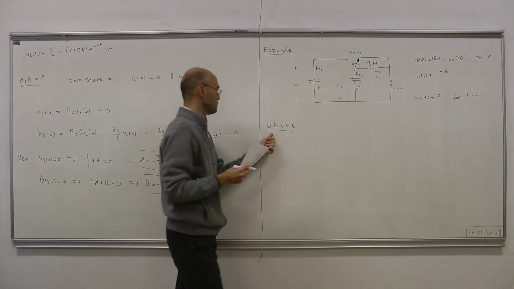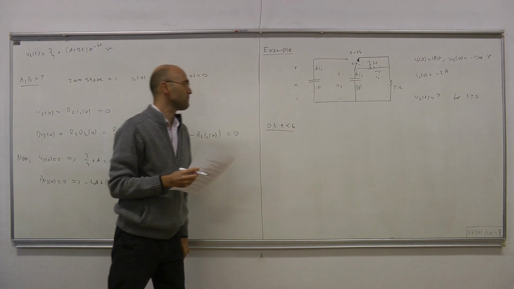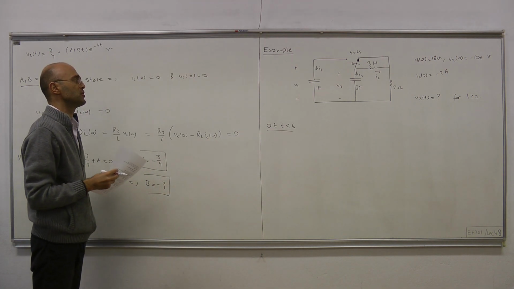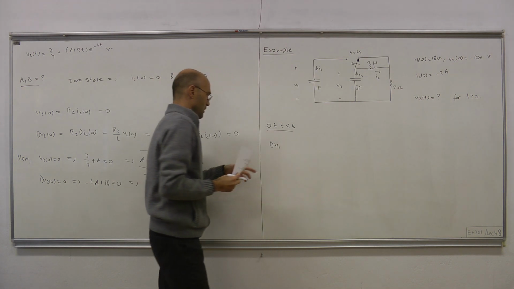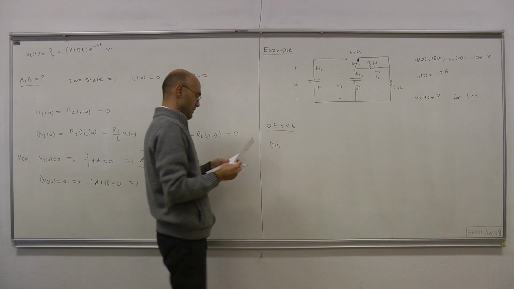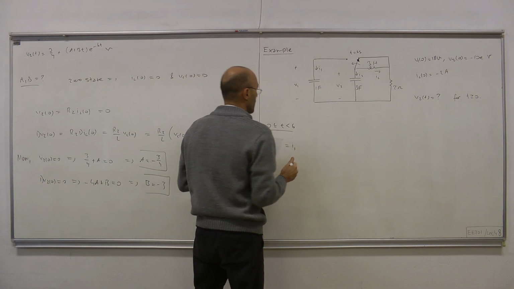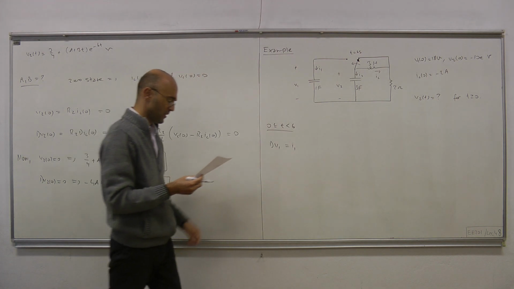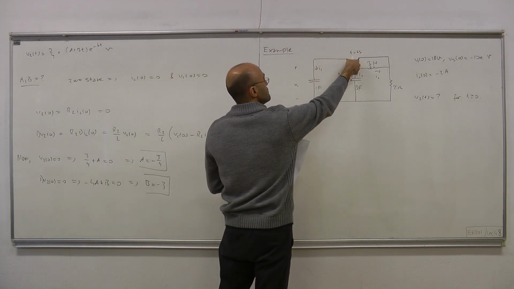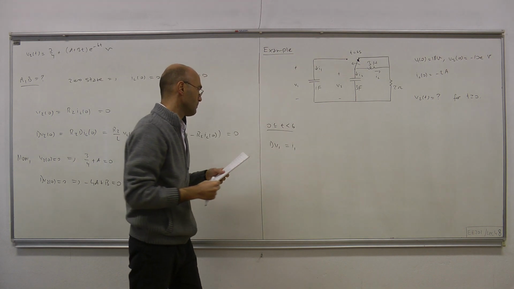Okay. From 0 to t equals 6 minus, just before the switch changes position, what we have is C dV1 equals I1. C is 1, therefore dV1 equals I1. This is I1 and it's 0 because that's open circuit for a while.